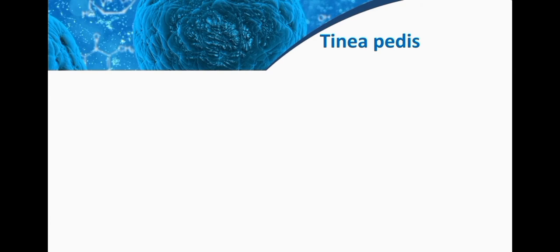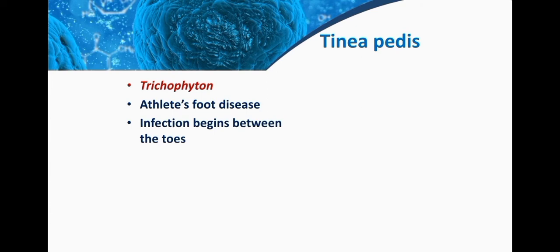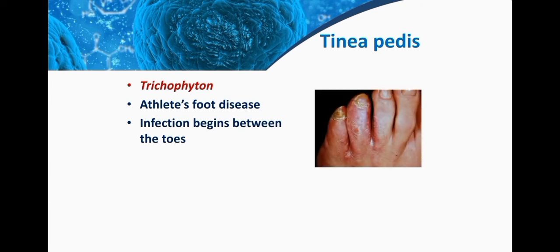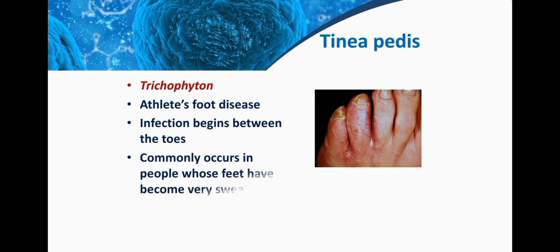The next disease is Tinea pedis, caused by Trichophyton. This disease is commonly called athlete's foot disease. The infection is mainly between the toes. It commonly occurs in people whose feet are always very sweaty, like our athletes. They used to wear tight shoes for a long time.